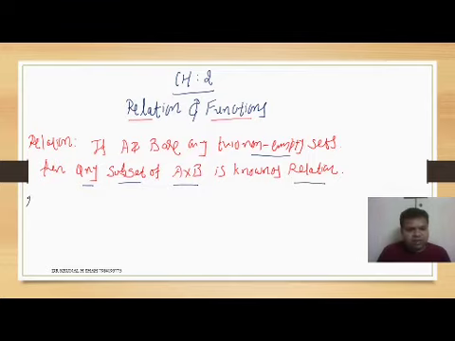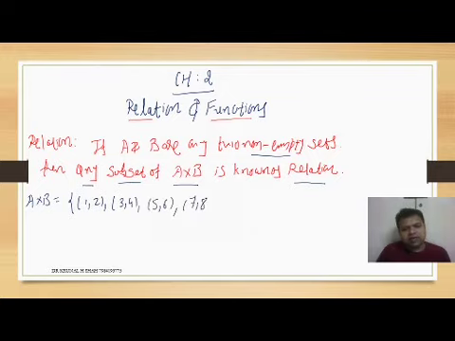As per example, suppose A cross B equals 1, 2, 3, 4, 5, 6, 7, 8. And if I am writing a relation R1, the first relationship, any subset of this, suppose I am writing (1, 2) and (5, 6).